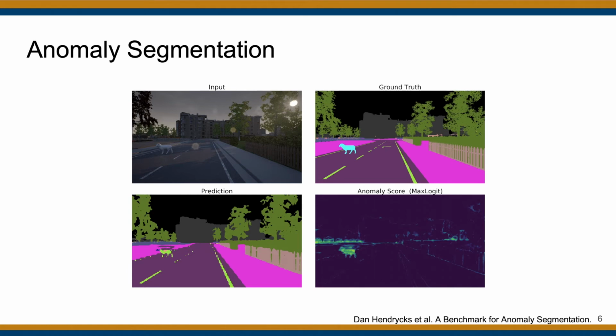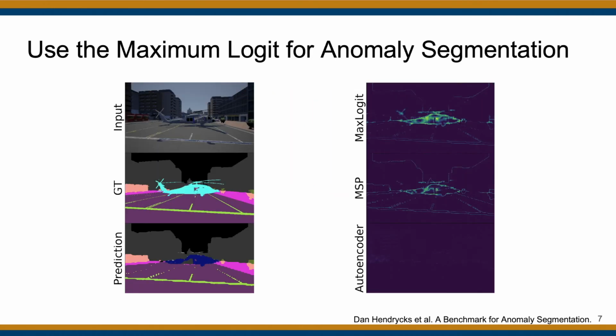So one way to perform anomaly segmentation is also by using the maximum logit. Here's how the maximum logit looks compared to some other techniques. In this situation, the input is a scene on a road where there's a helicopter in the middle of the road. In the second row, there's the ground truth, and then there's the model's prediction.